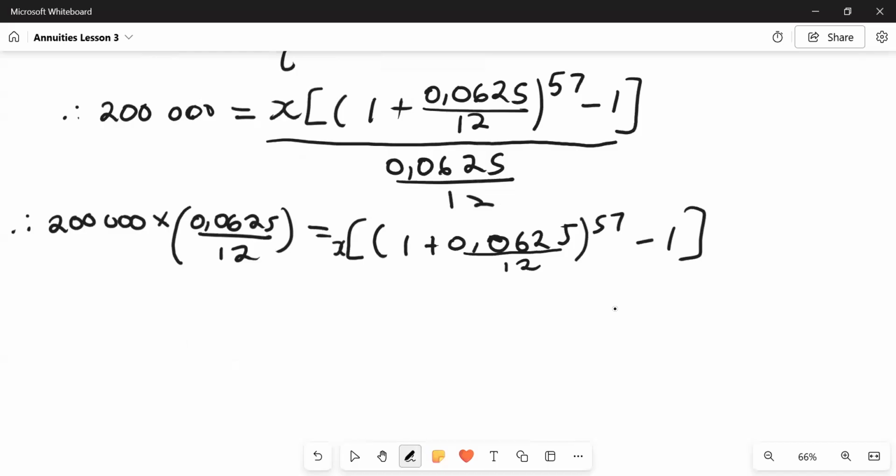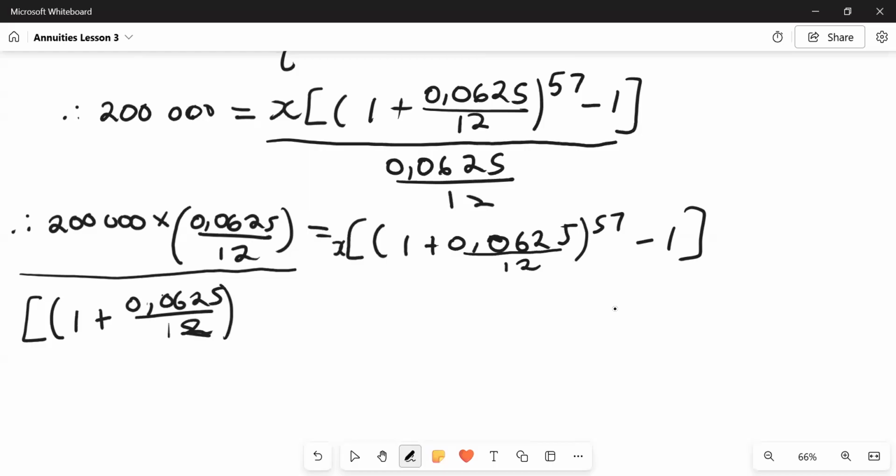So we divide both sides by 1 plus 0.0625 divided by 12 to the power 57 minus 1. So now we want to isolate x now.